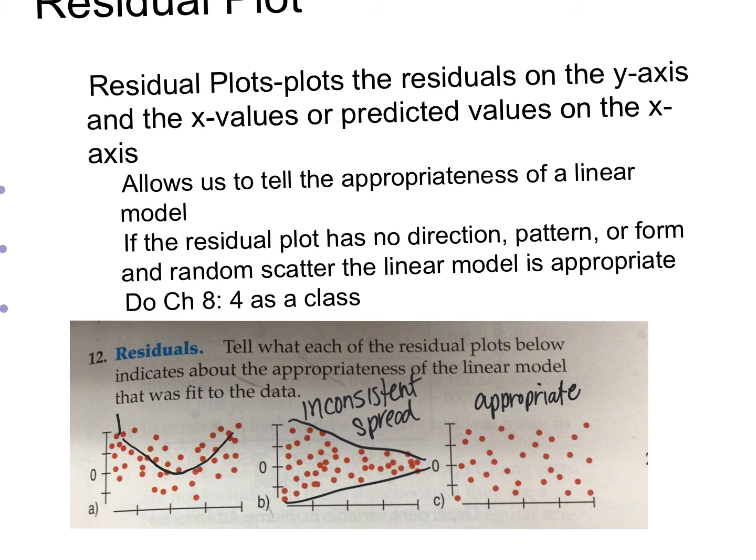Okay, so this one has a pattern. It's a curve. The middle one has inconsistent spread. What we're looking for is no pattern, consistent spread, random scatter. That's where a linear model is appropriate. So you're looking for a residual plot that looks like C. Okay.